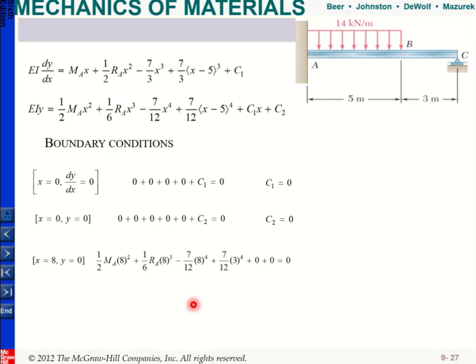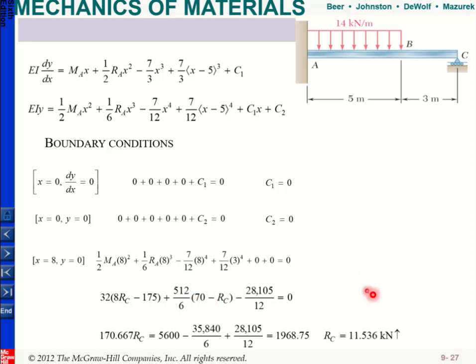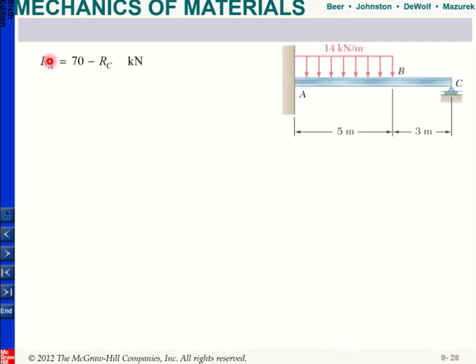So if you combine all those equations, this is what you will get, and from there you can get your RC. Then you can get the support force at C, and after you get your support force at C, you can also get your support at A, and your moment at A. So from there I can get all the unknowns that I need.